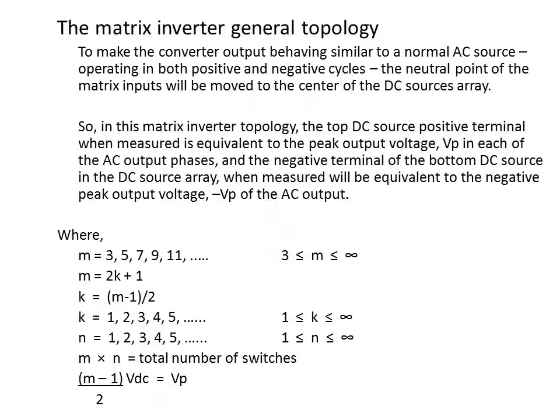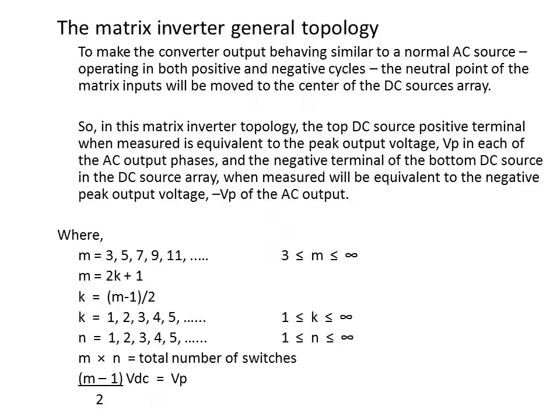where M equals 3, 5, 7, 9, 11, and so on in odd increasing numbers. M equals 2k plus 1, k equals (n minus 1) over 2. So k equals an integer starting from 1 in increasing fashion, 1, 2, 3, 4, 5, and so on until infinity.